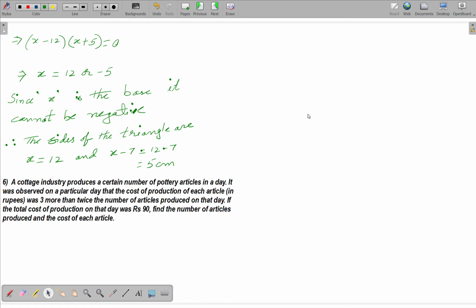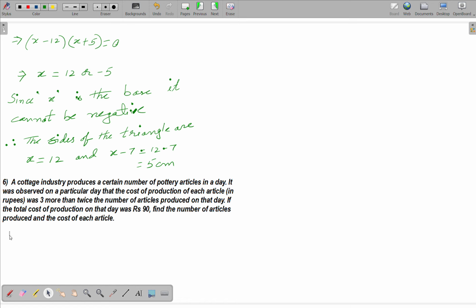It was observed on a particular day that the cost of production of each article was 3 more than twice the number of articles produced on that day. If the total cost of the production on the day was rupees 90, find the number of articles produced and the cost of each article. This is the question given under question number 6.